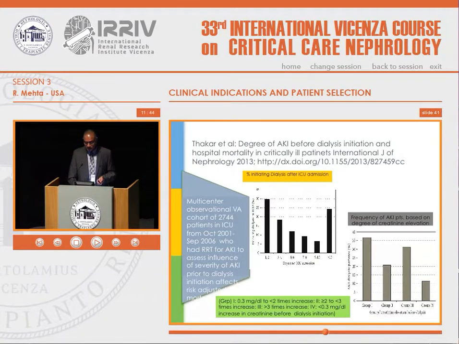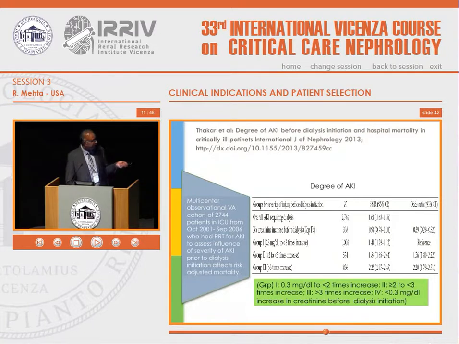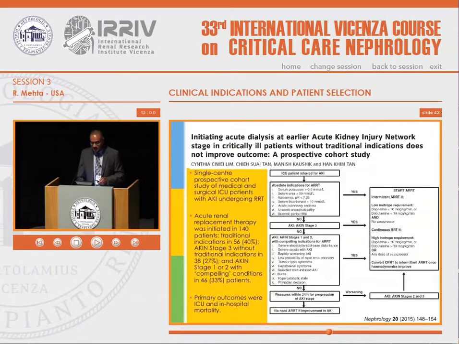And when you look at those as a reference point as group 4 here, you can see that the ones who required dialysis without any stage, no creatinine increase before dialysis, actually had the best outcomes, and these were the patients who had essentially the worst outcomes as you went down to a particular stage.